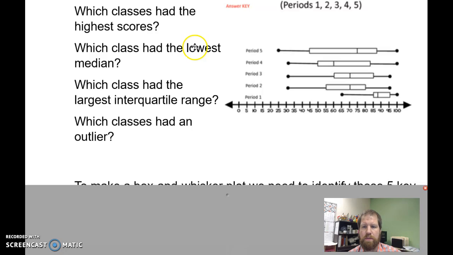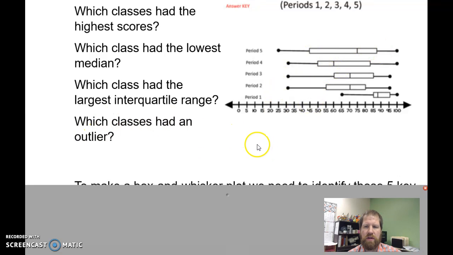The class with the lowest median is going to be period 4. The class that had the largest interquartile range, well, that's the biggest box, is going to be 5th period. So 5th period had a lot of people scoring kind of all over the place. It was the least small group.